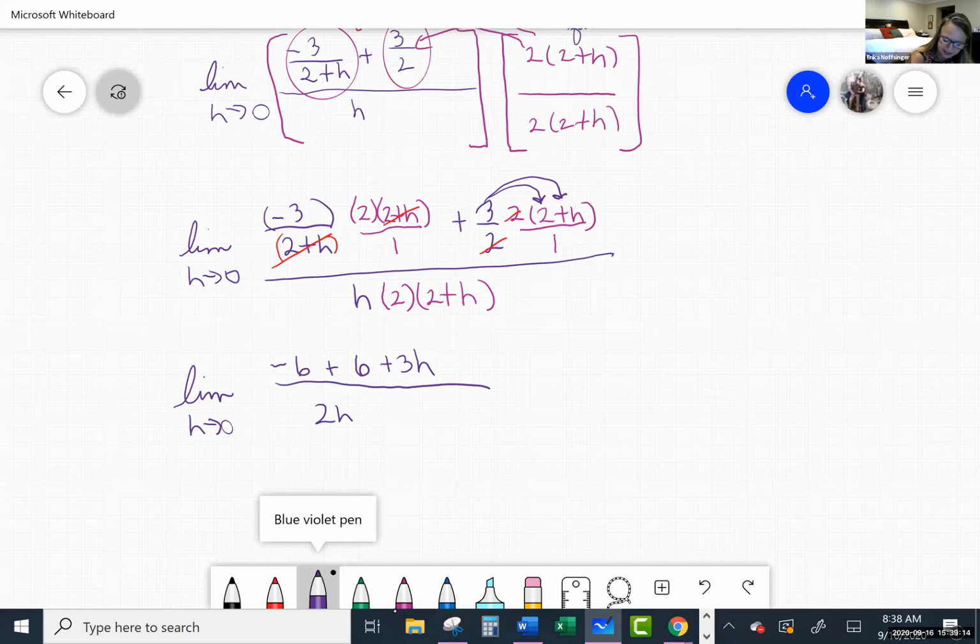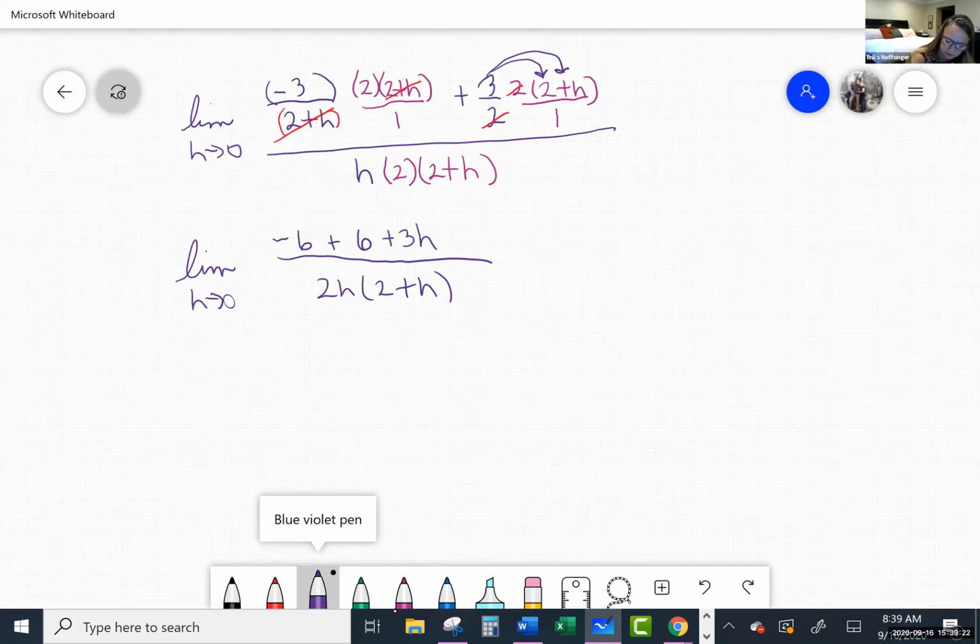So you have the limit as h goes to 0 of 3h all over 2h all times 2 plus h. You can cancel those h's. And so we have the limit as h goes to 0 of 3 all over 2 times 2 plus h.